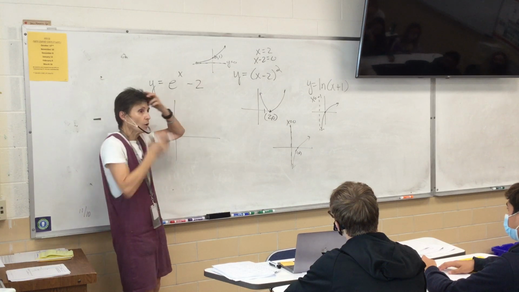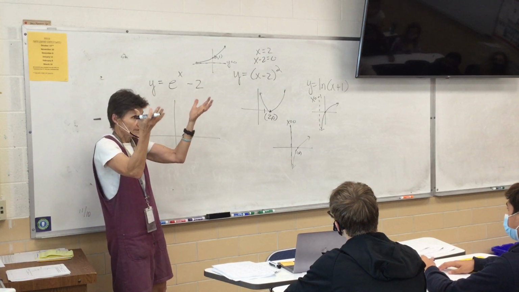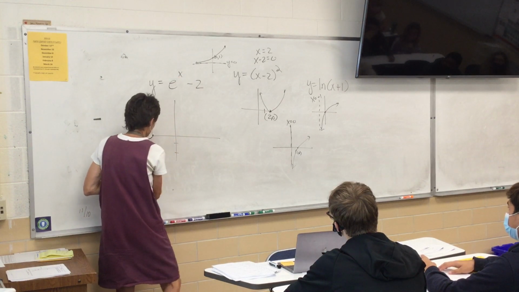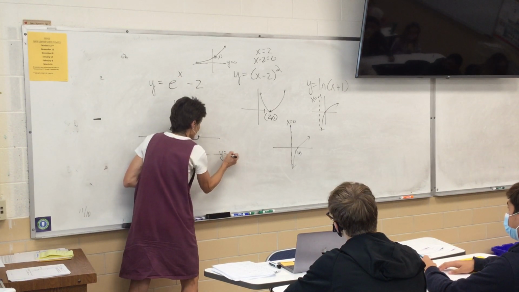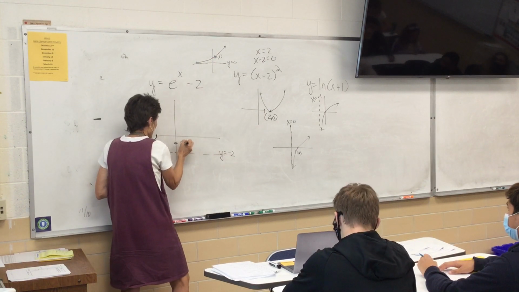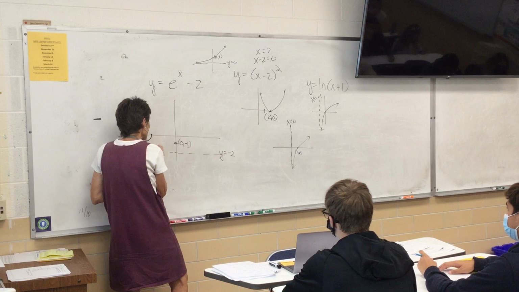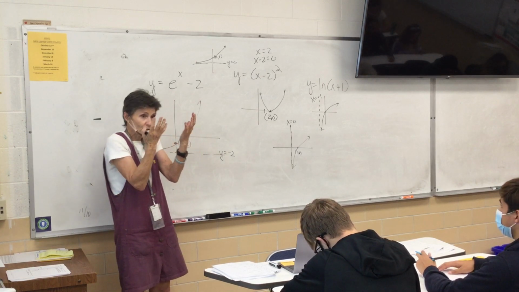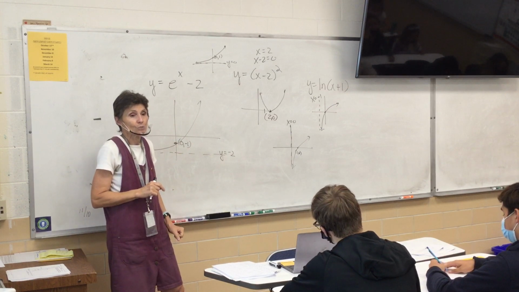So you're taking the whole shebang down 2. So that asymptote is now going to be down here at -2. And that dot is going to be now down here at -1. So it's exactly the same shape. We haven't changed that. We've just dropped it down 2.